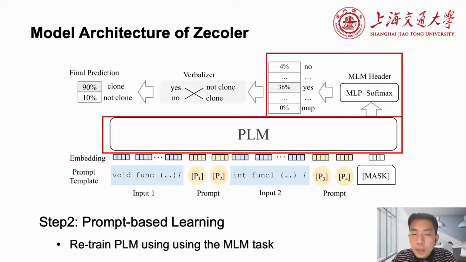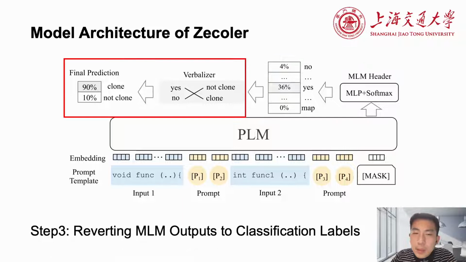Taking the resulting data as input, a PLM is then retrained using the task. That is, it infers the program representations of the input and predicts the word of the mask token. Finally, a verbalizer is employed to cast the predicted word to class labels.